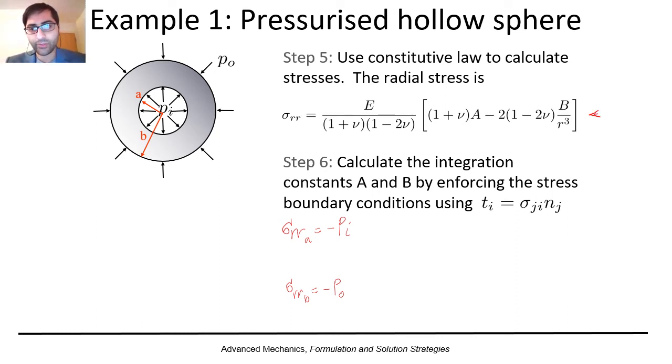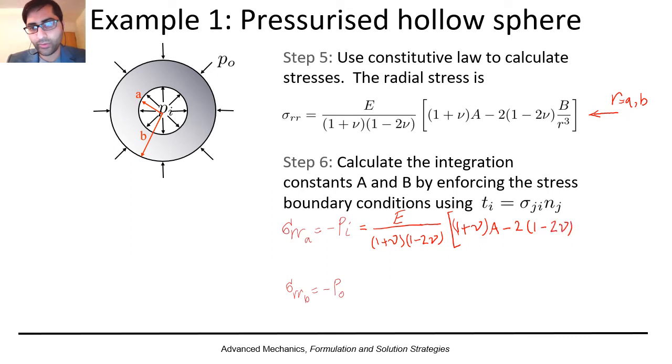Let's substitute r equal to a and b into sigma_rr that we've already found. We get that sigma_rr at a becomes E divided by 1 plus nu, 1 minus 2 nu, multiplied by 1 plus nu, A, minus 2 multiplied by 1 minus 2 nu, B divided by a to the power of 3.